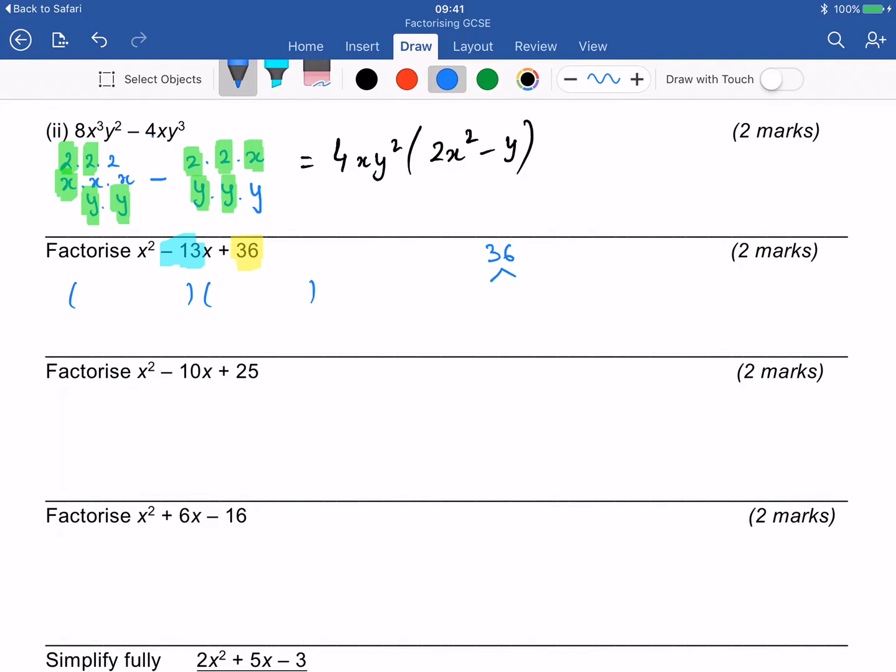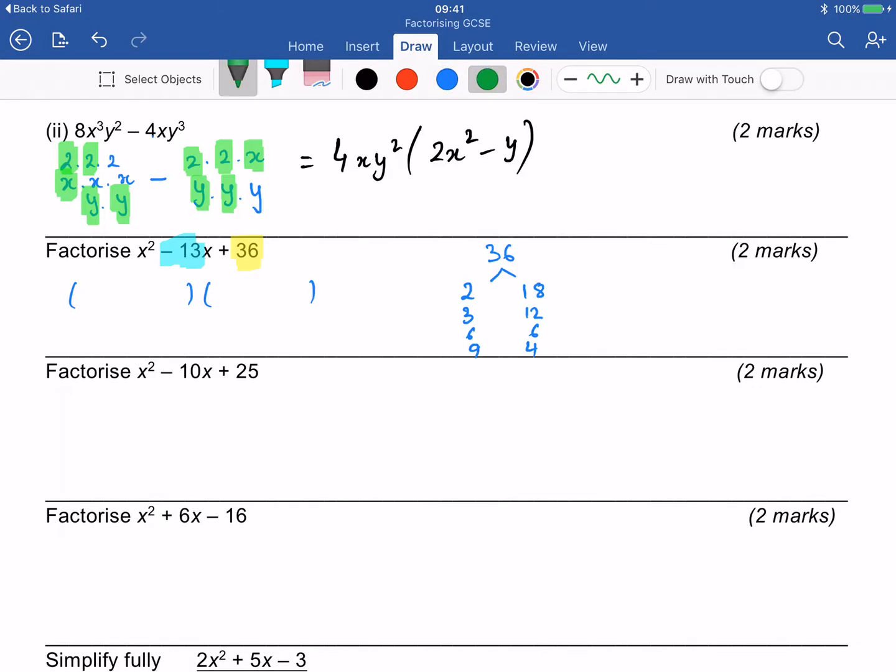So let's find the factors of 36. 2 times 18, 3 times 12, 6 times 6, we can say 9 times 4 as well. So we'll select only those factors that get me 13.